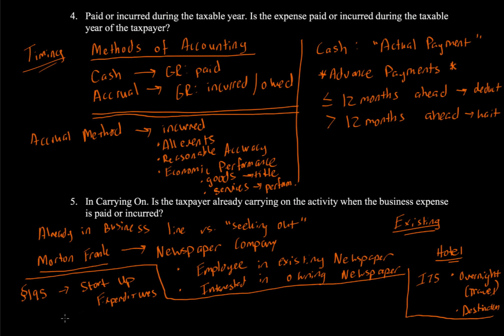So if Section 162 does not apply because the carrying on requirement fails, you can go to Section 195, which can allow you to capitalize and possibly deduct some of your searching costs before you're in that actual line.